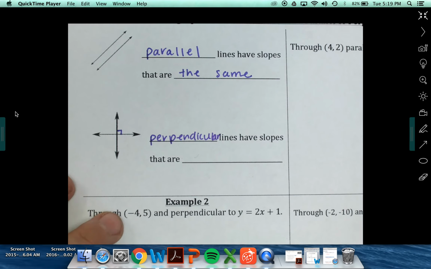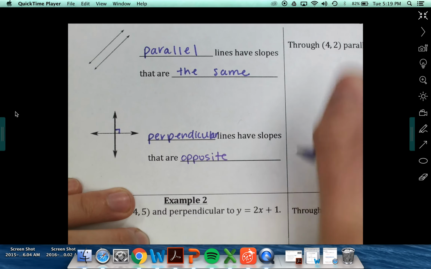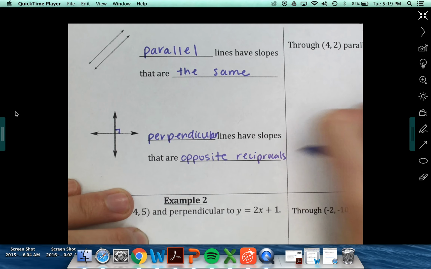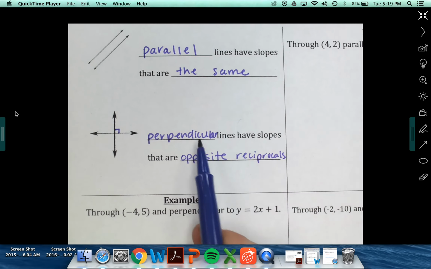So they're opposites, and they are called opposite reciprocals. So as parallel lines have slopes that are exactly the same, perpendicular lines have slopes that are complete opposites, okay?